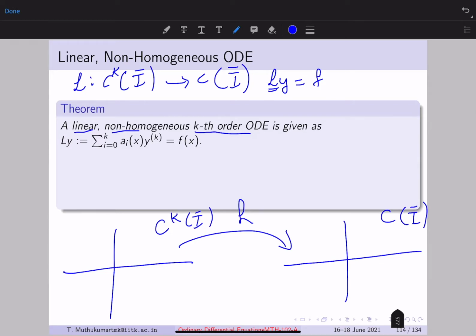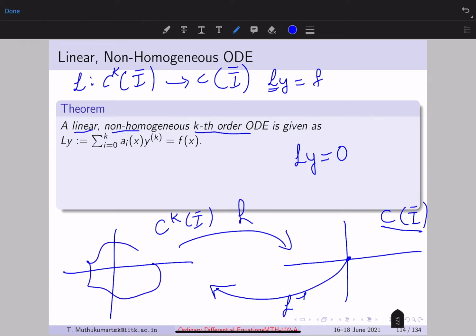When we solved the homogeneous situation, we wanted to solve Ly equal to 0, where 0 is some element in the space of continuous functions. What you are looking for is the inverse image of 0.